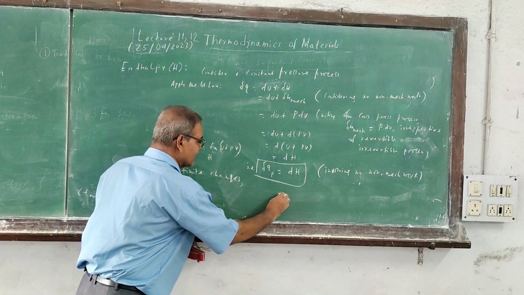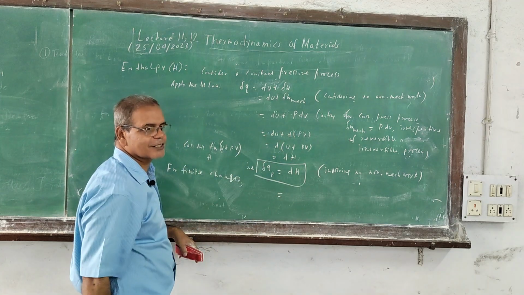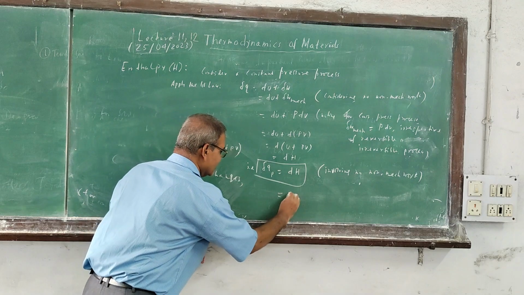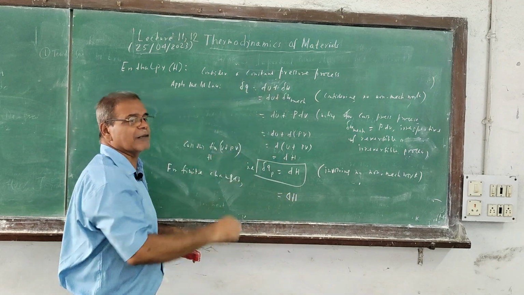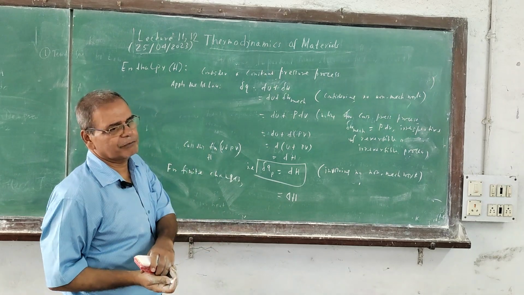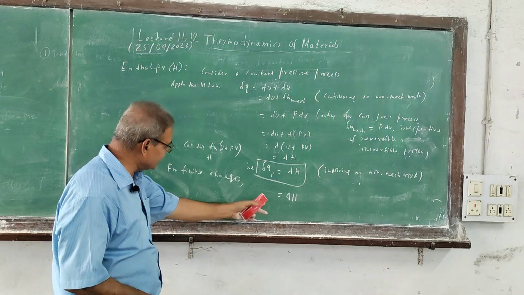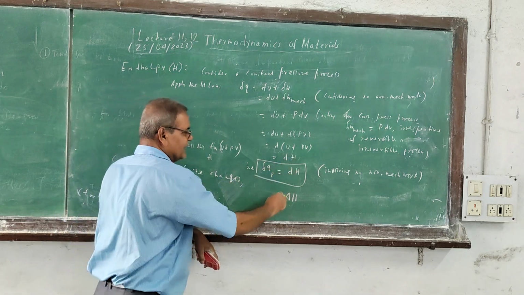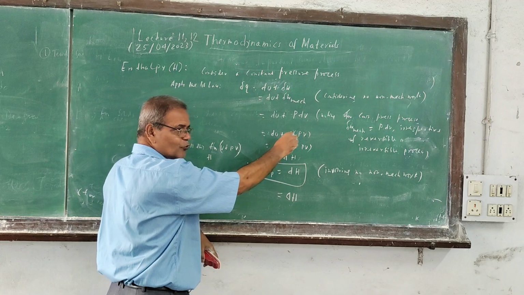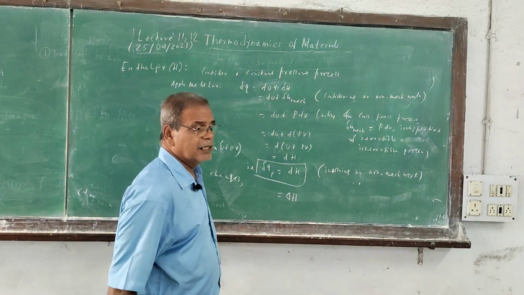What is the integration on the right hand side? dH, 1 to 2 process. So delta H. A moment ago I showed you the first law itself, infinitesimal change, finite change. Differential form, integrate. This is the integrated form. If you integrate, dH is delta H, 1 to 2. And this is the left hand side. Result.